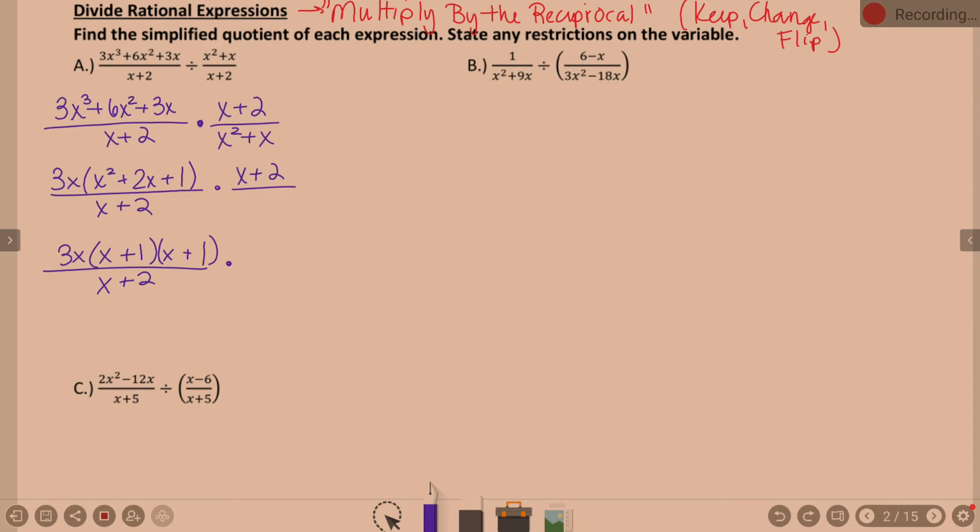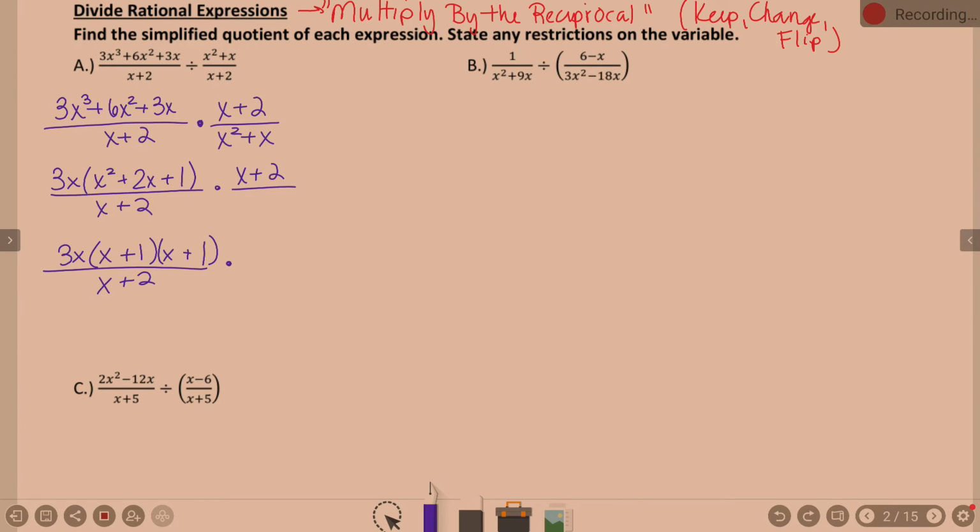Isn't it just x plus 1 and x plus 1? No. Think in terms of GCF here. There are two terms. Do they have something in common?